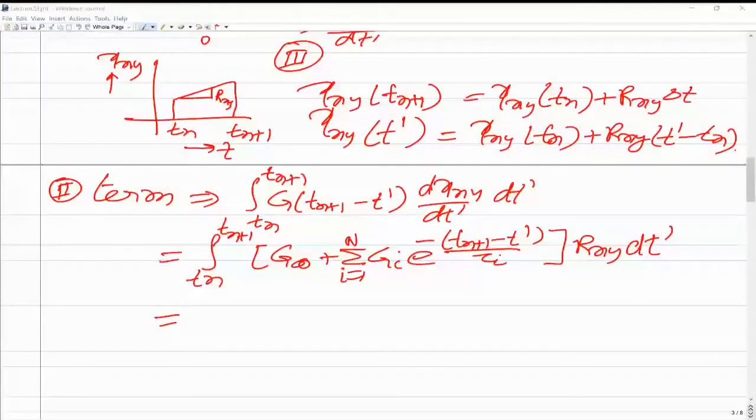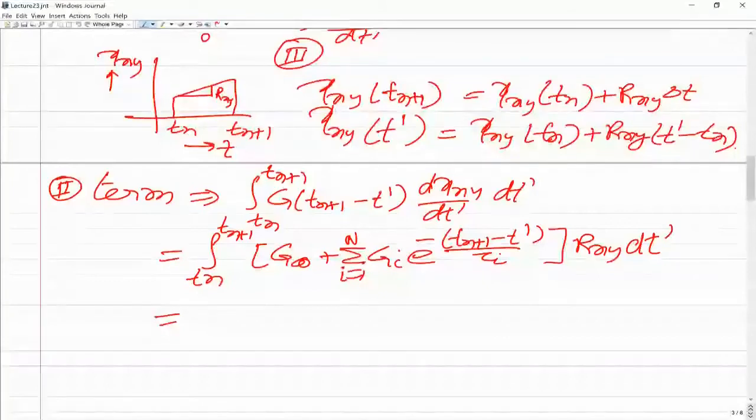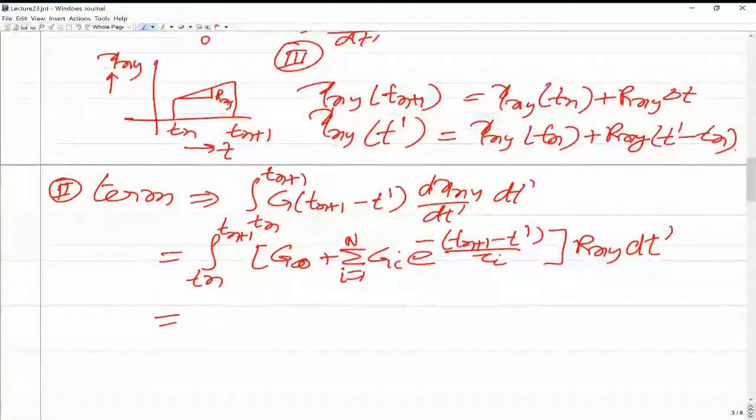Hello, am I audible? Yes, sir. And is the screen visible? Yes, sir. Today I don't know what is happening. Every time it is hanging.